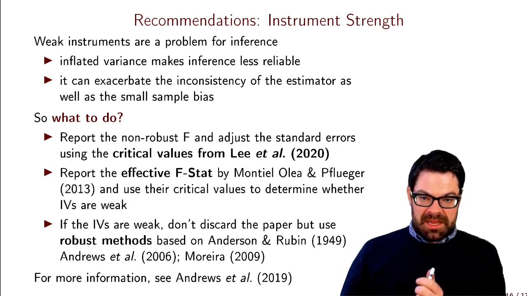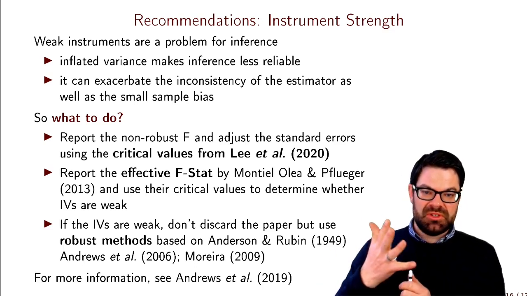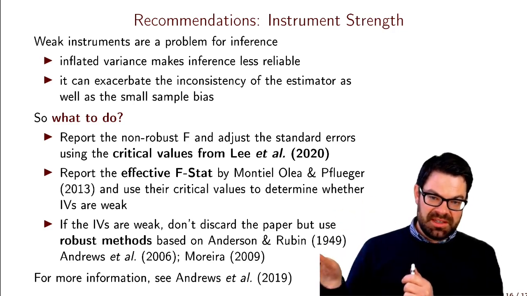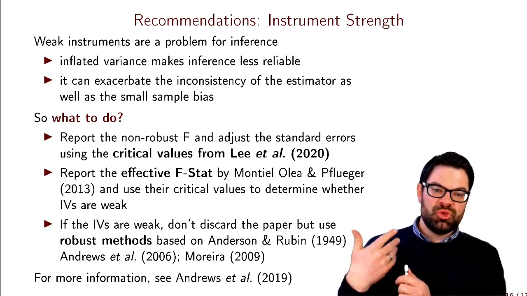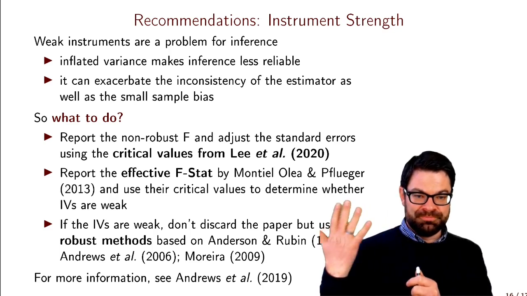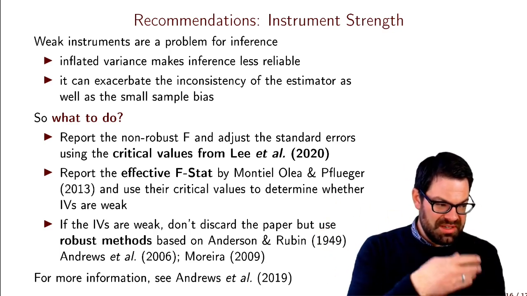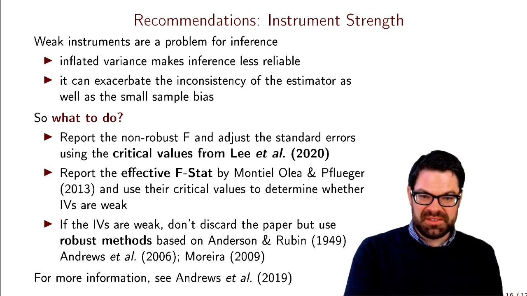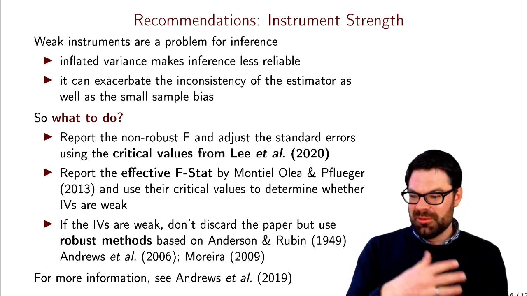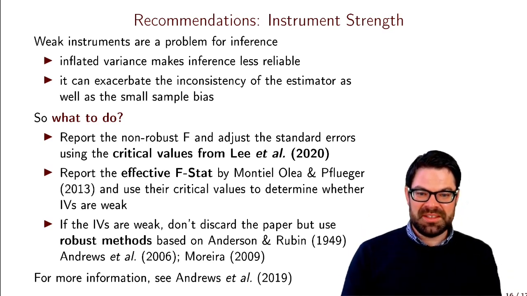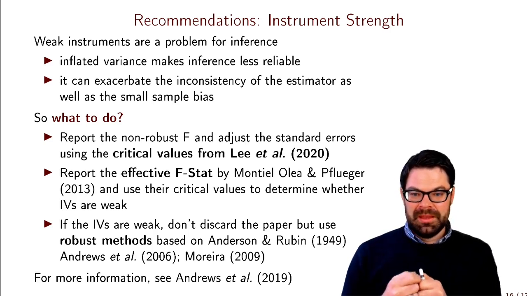So first of all, for statistical inference, we should use the critical values from that paper by Lee et al. We should not just use the inbuilt statistical tests with 1.96 for a 5% confidence level. We should use more conservative values.